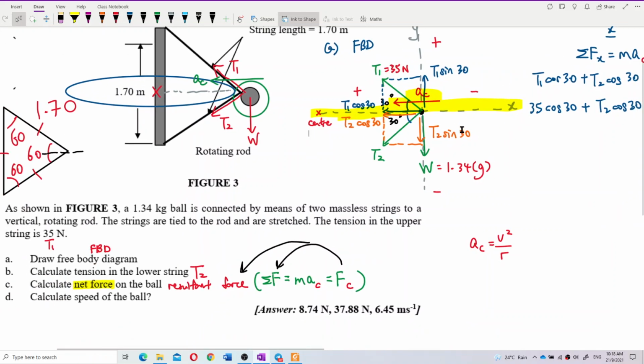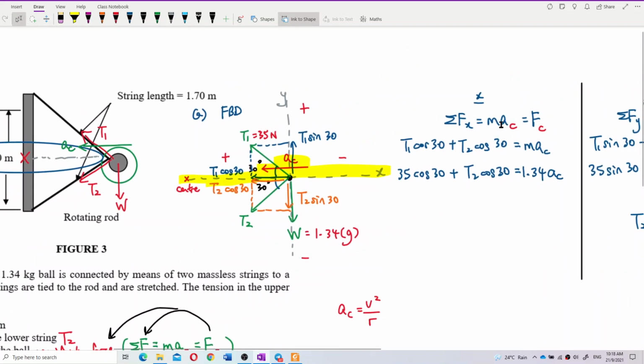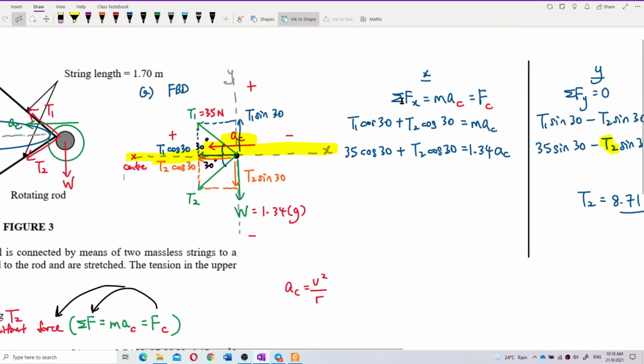So for our case here, our resultant force, our centripetal force, is in the x component, because it has the acceleration.